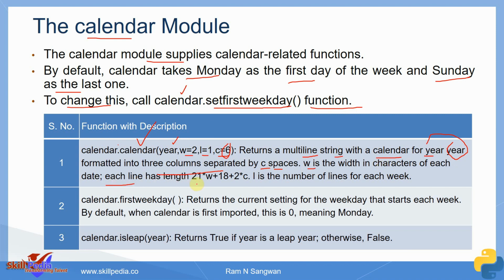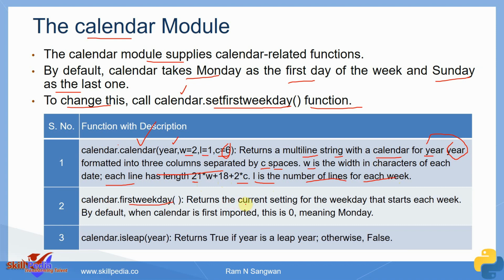Each line has a length of 21*w+18+2*c. Actually, this is how the calendar is to be displayed, how you calculate the spacing between the date and the month. l is the number of lines for each week.